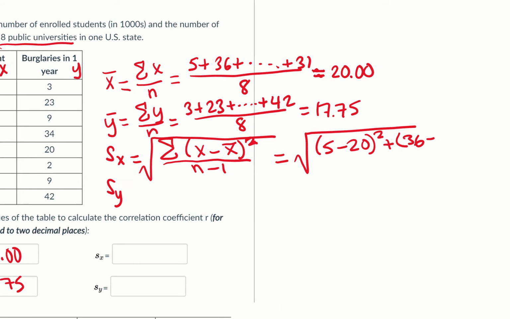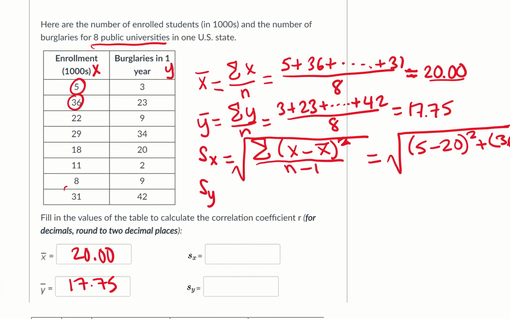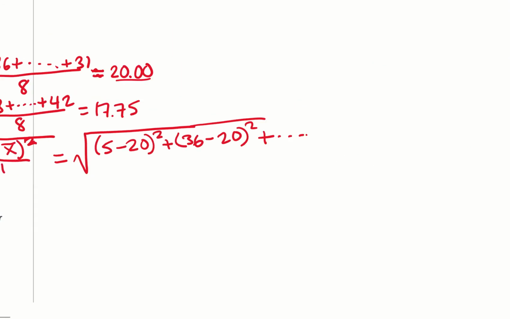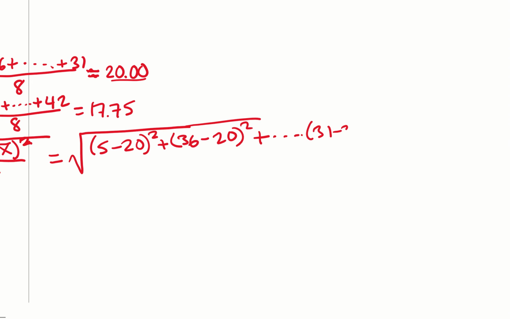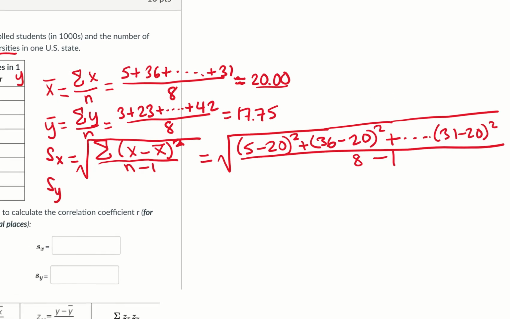Minus the X bar, which we calculated, 20. That's this guy right here, squared. And then plus, dot, dot, dot, and we repeat that until we get to the last one, which is 31. So 31 minus 20 squared, divided by n minus 1. We have 8 universities, take away 1. You could just call it 7, but I'm just showing my work here. That's how we get SX.